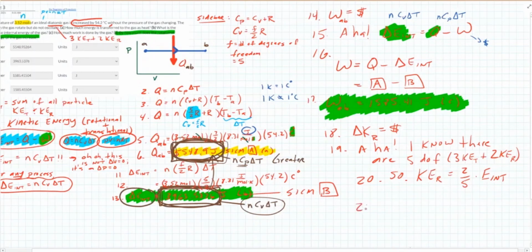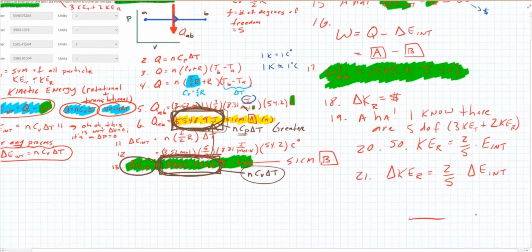So then the question is, I'm not after kinetic, I'm after the increase. The change in the rotational kinetic energy is going to be 2/5, 40%, of the change in the system's internal energy. The other 3/5 come from translational kinetic energy.